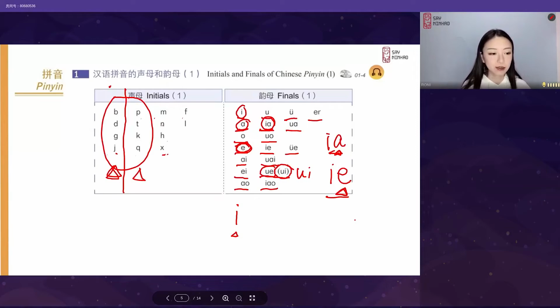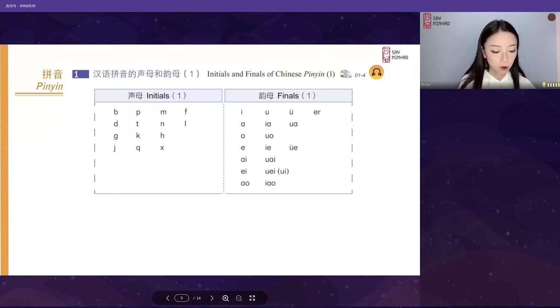So these are the finals. Now let's try to read it from the start for just once, okay? From this to this, in this direction, okay? 3, 2, 1.